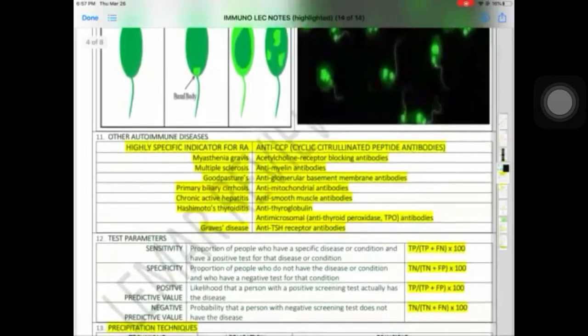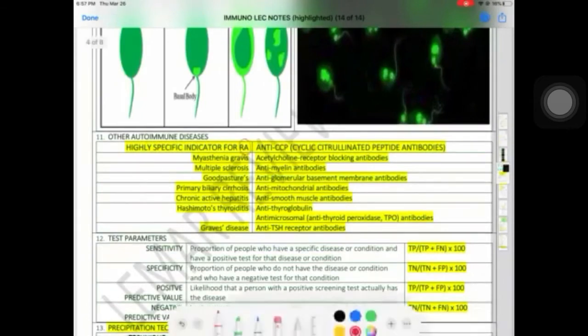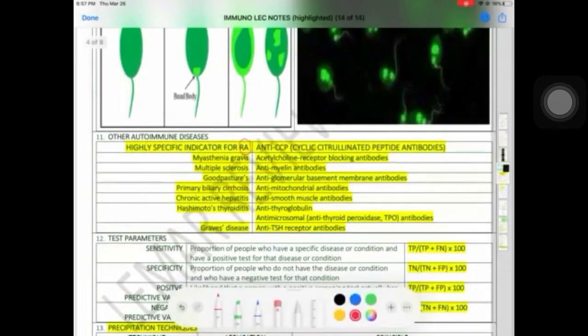Another, sobrang napakahalaga. Yung bukod sa SLE, ano pa yung mga different autoimmune disorders and the associated autoantibodies. Huwag kakalimutan po rheumatoid arthritis. 2 criteria na po for diagnosis of rheumatoid arthritis.